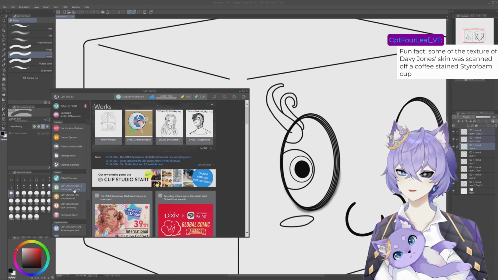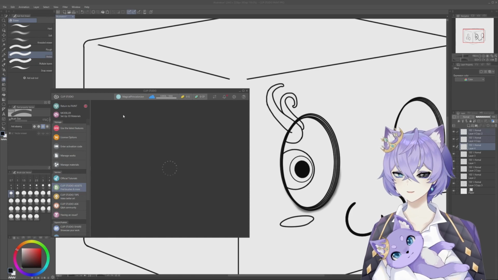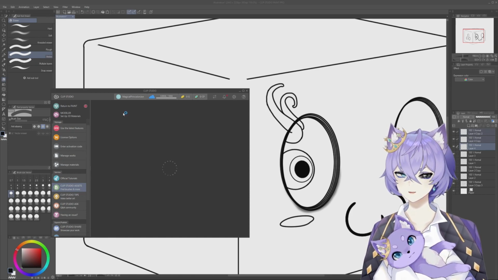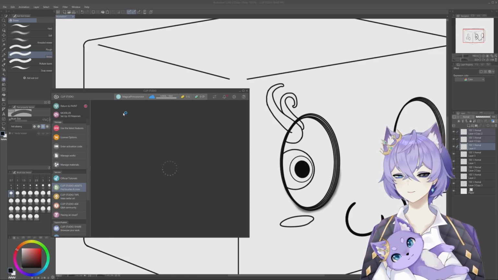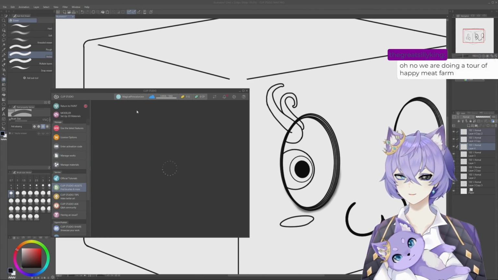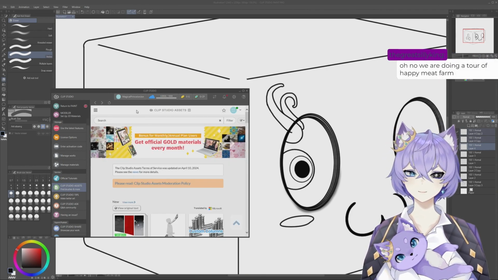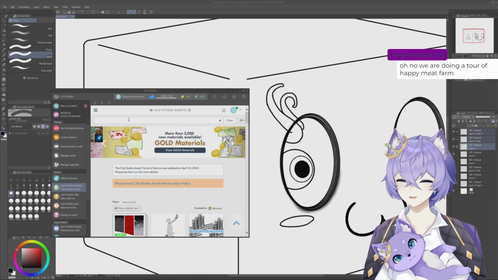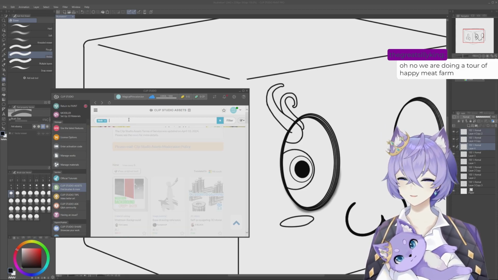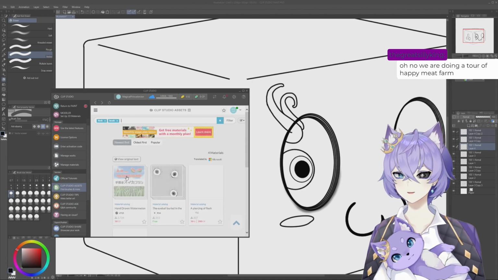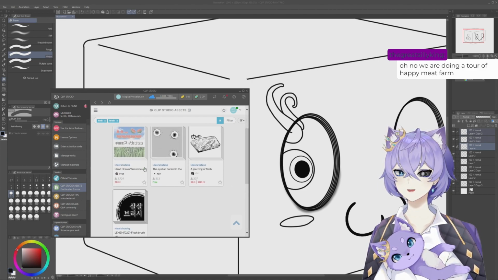Find brushes and more. Let's see if there's a flesh brush, because that worked with the cloud last time. If I could just paint in flesh textures. We're doing a tour of Happy Meat Farm? Maybe. Flesh brush. Hand-drawn watermelon.